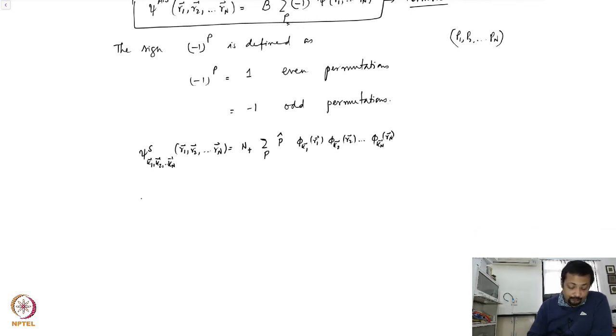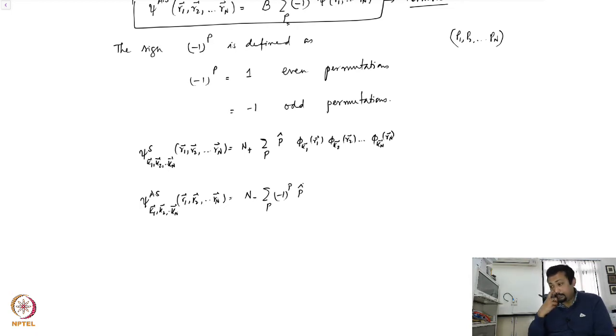And similarly, the antisymmetric wave function of k1, k2, kn, r1, r2, rn is going to be N minus times the sum over P of minus 1 raised to the power P, P hat operating on phi k1 r1, phi k2 r2, phi kn rn.